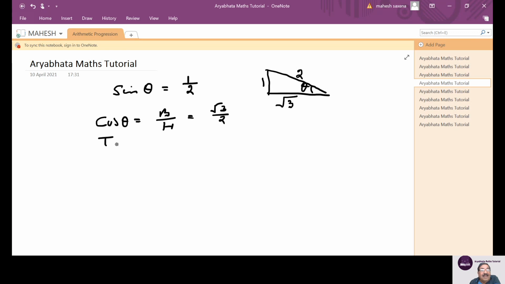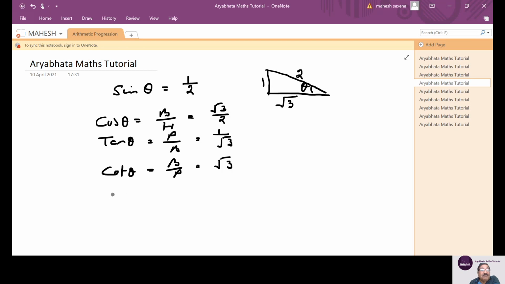Tan theta is equal to perpendicular upon base, therefore in this case it will be 1 upon root 3. Cot theta is equal to base upon perpendicular, therefore base is root 3, perpendicular is 1, it is root 3.